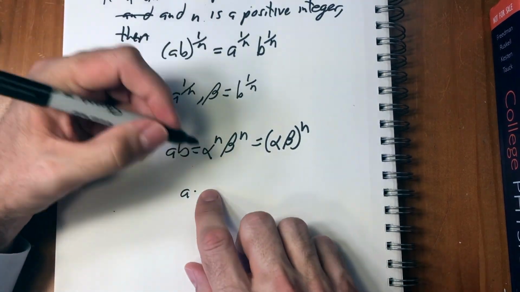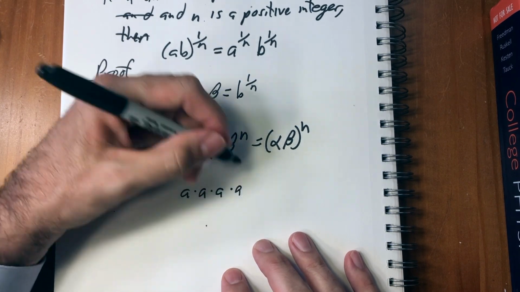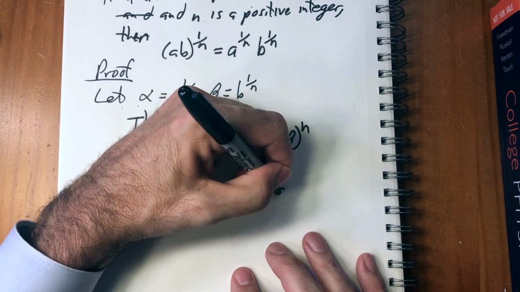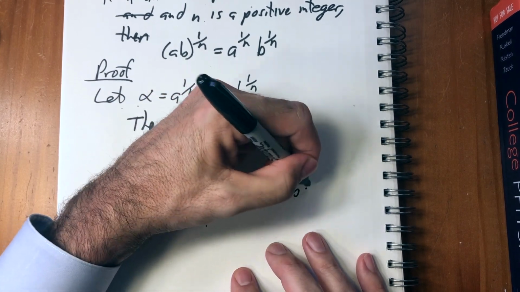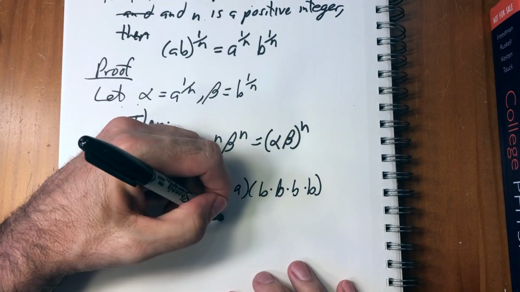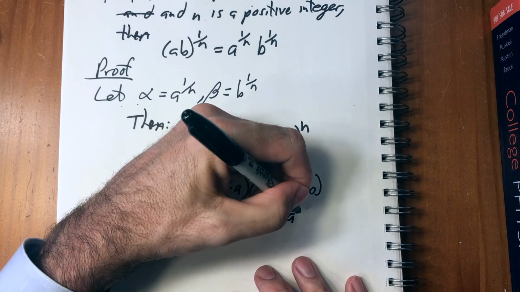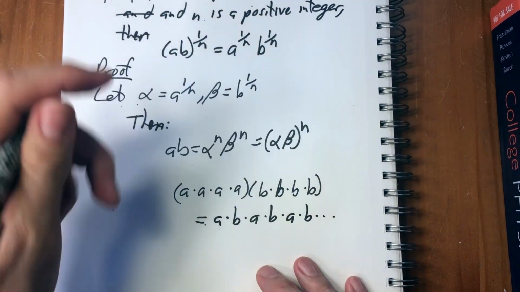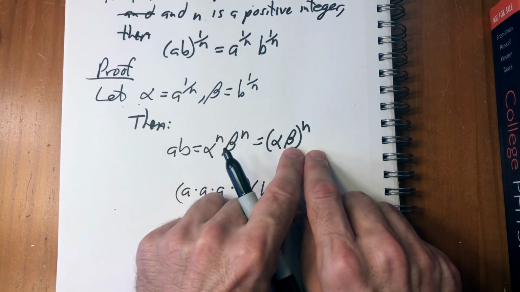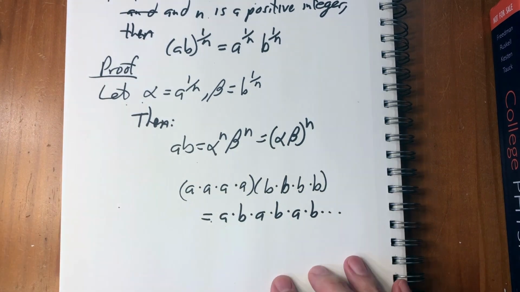So this would be A times A times A, and we can rewrite that as AB, AB. Okay, so alpha to the n times beta to the n equals alpha beta to the n. We already know that, so that means that AB equals alpha beta to the n.